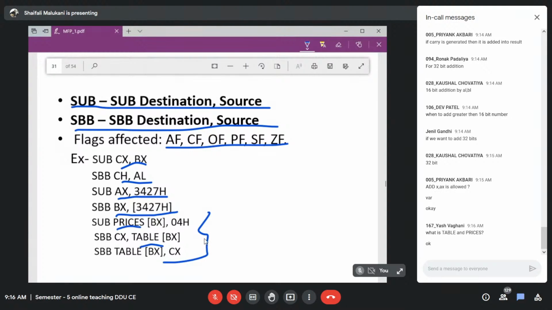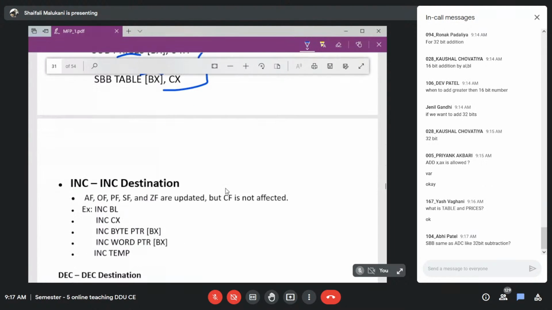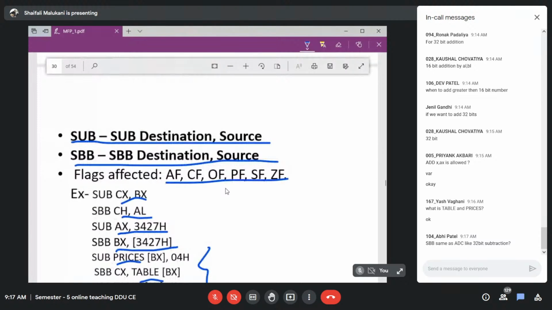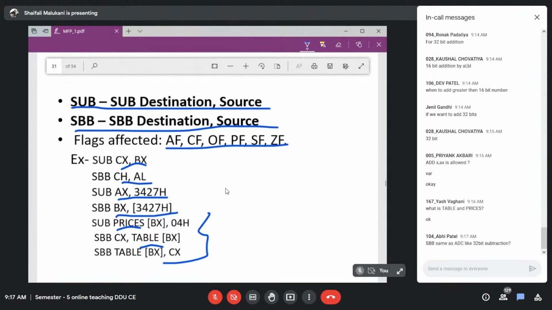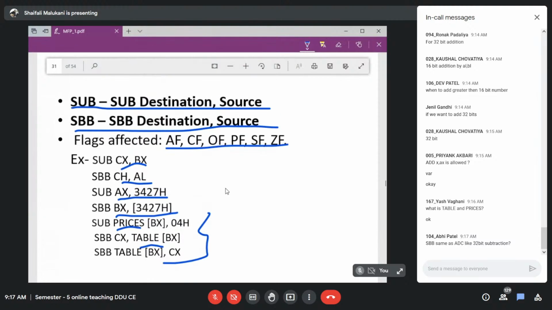These are just variables. SBB is the same as ADC, if you want to subtract with borrow, right? Not only that application, we are going to study so many other applications about this, but yes, it is subtract with borrow.